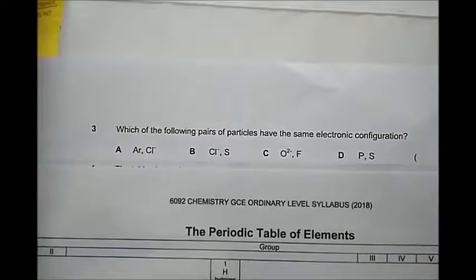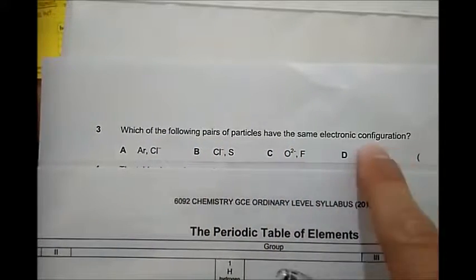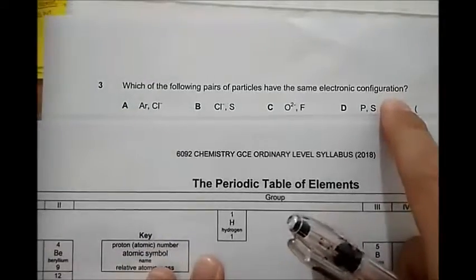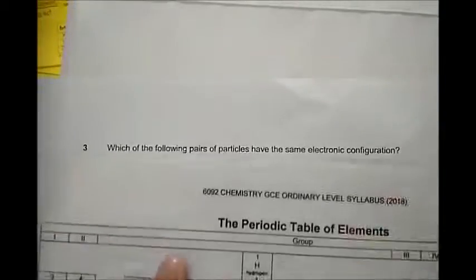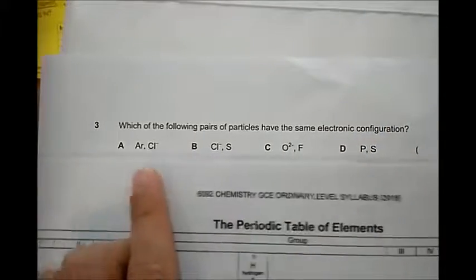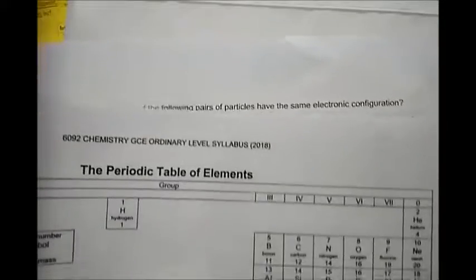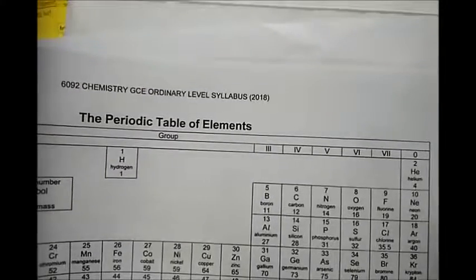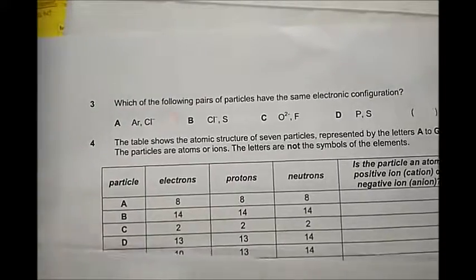Alright, moving on to question number 3. Which of the following pairs of particles have the same electronic configuration? For this question, you are required to use your periodic table. Ar is argon, an atom. If you refer to the periodic table, the number of protons is 18, so for argon it will be 2, 8, 8.